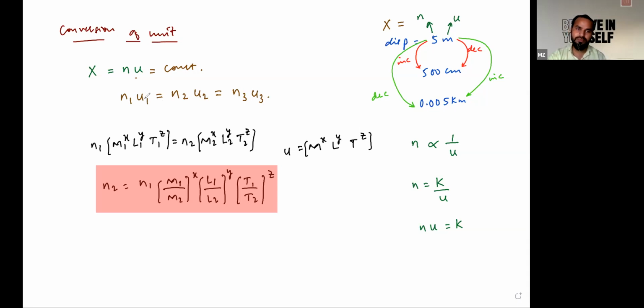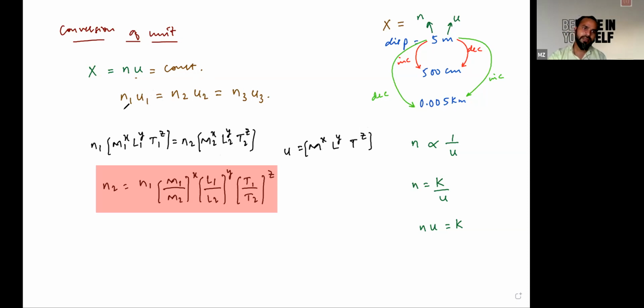Let's say for the first system of unit, we can write the unit in terms of dimension as M raised to the power x, L raised to the power y, and T raised to the power z. Since we are dealing with the first system of unit, I've specified subscript 1, 1, and 1. For the next term, U2, I've specified 2, 2, and 2.